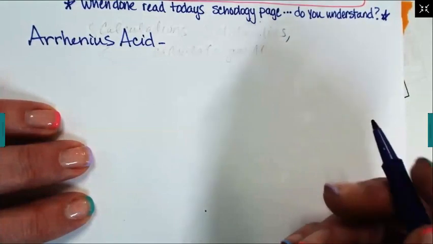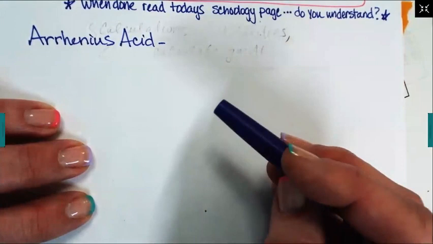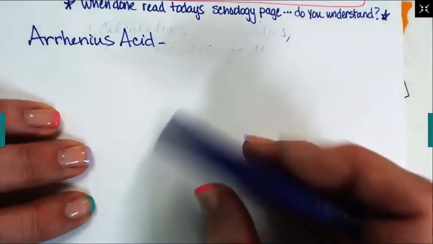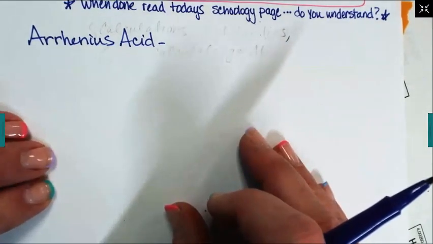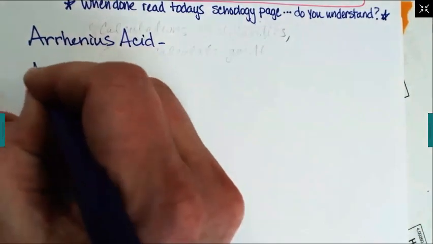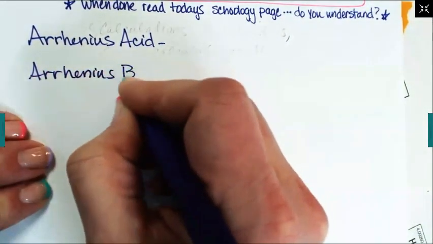Okay. Dissolves in water to yield hydrogen cations. Okay. And what did he say was a base? Okay, Arrhenius base.